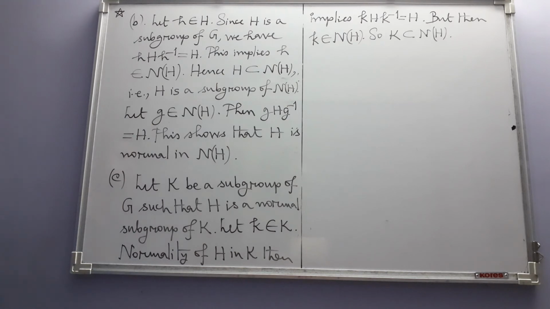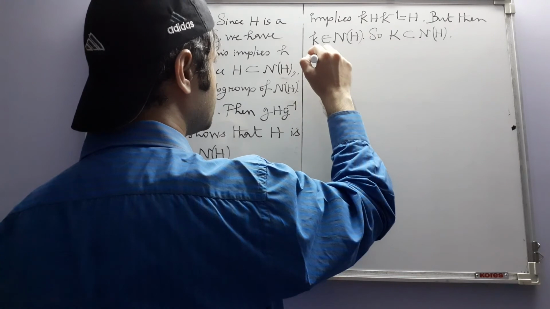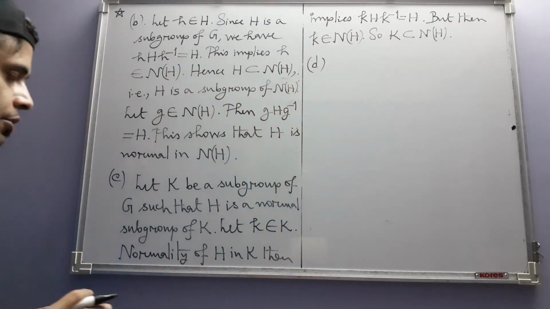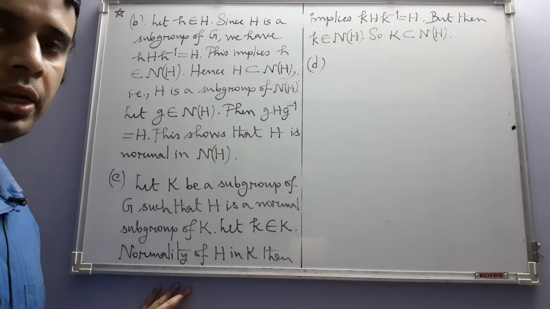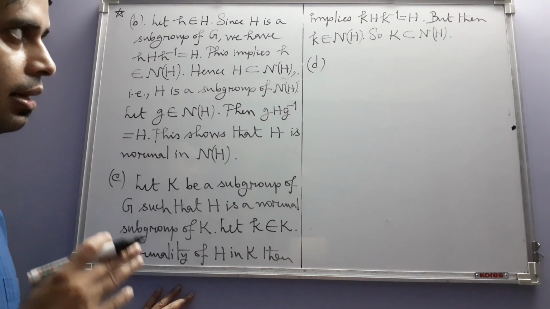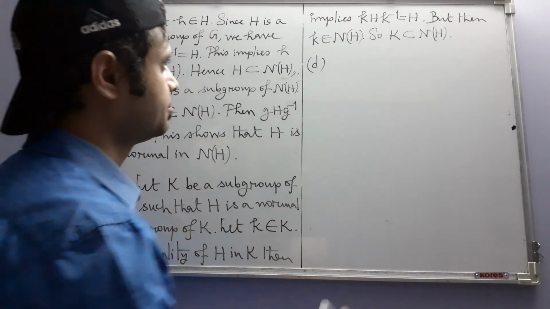So this is part C, and finally part D. In part D, we have to prove that if our group H is originally a normal subgroup of G, then NH must be equal to G, and conversely also.